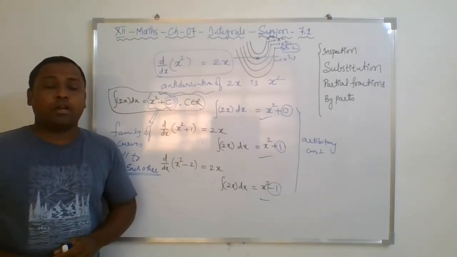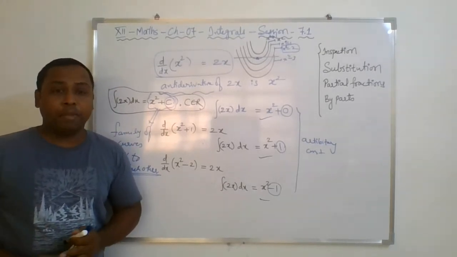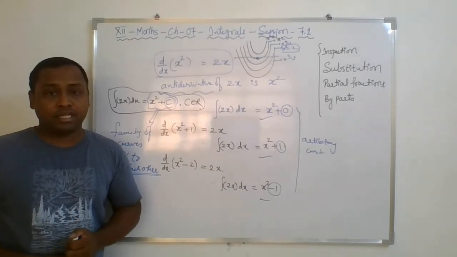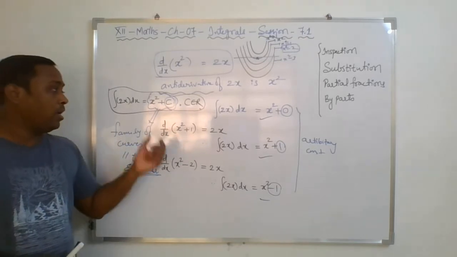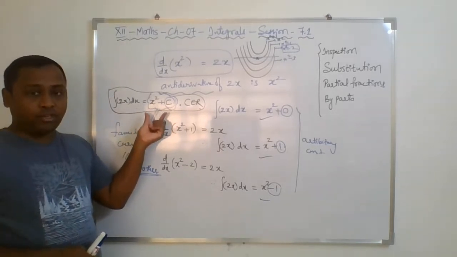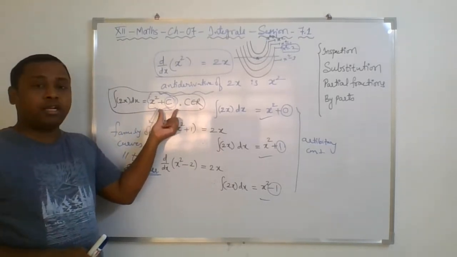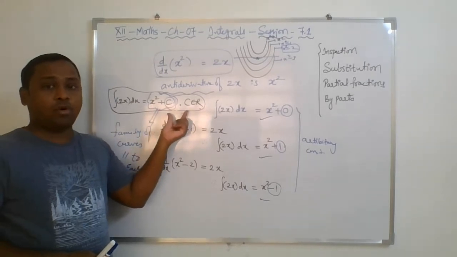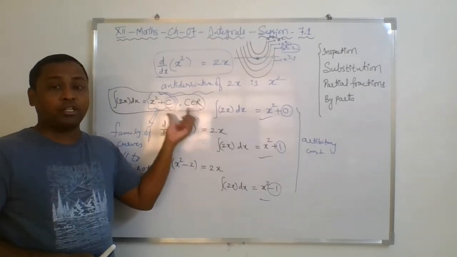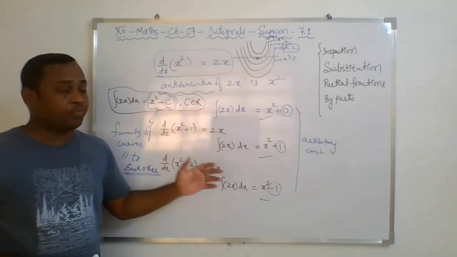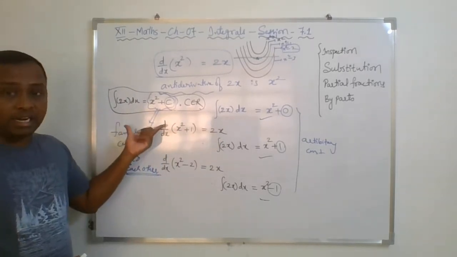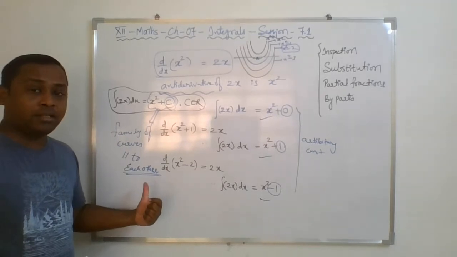I hope now you have understood the meaning of indefinite integrals. Why is it called indefinite? Point number one, whatever answer you get always includes a constant, which we call an arbitrary constant. You have to always write plus c in the integral answer. That's why it's called indefinite. And what does it geometrically serve?